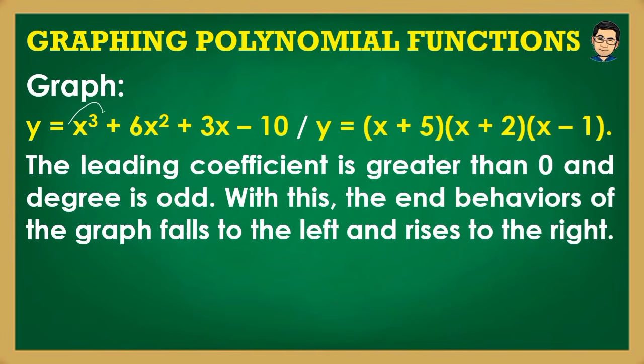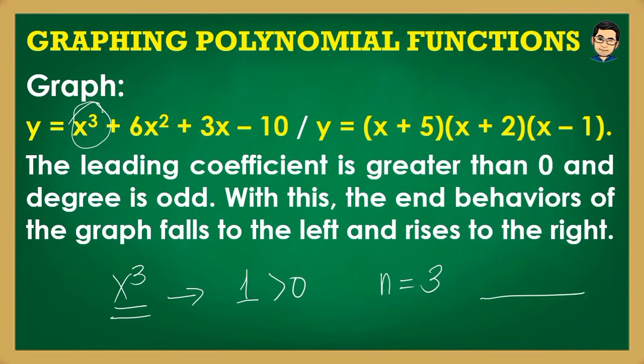X cube, yan yung leading term. And then, yung leading coefficient ng x cube ay 1, and 1 is greater than 0. Then, yung kanyang degree is 3. That is why, kung i-sketch natin yung graph, ganito ang kanyang itsura. Falls to the left and rises to the right.